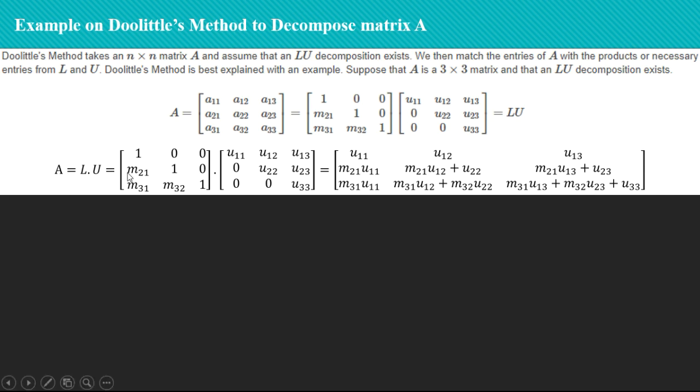So first you need to consider that the LU factorization of matrix A exists, as I have written here. You can write L21, L31 also, but I have written M21, M31, so you can change it.